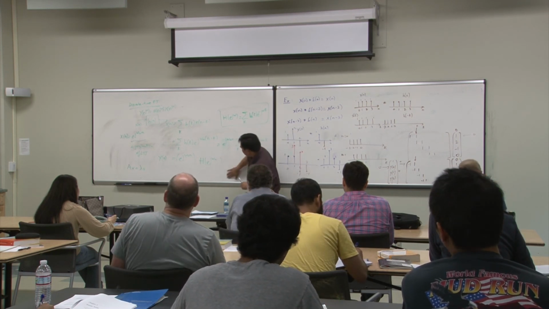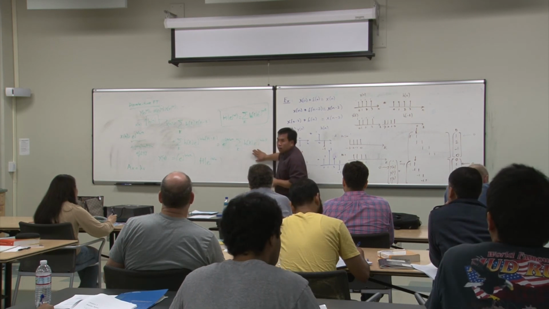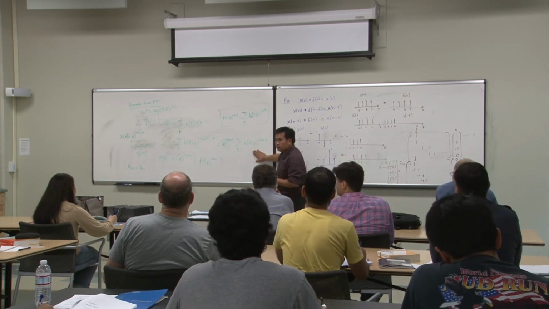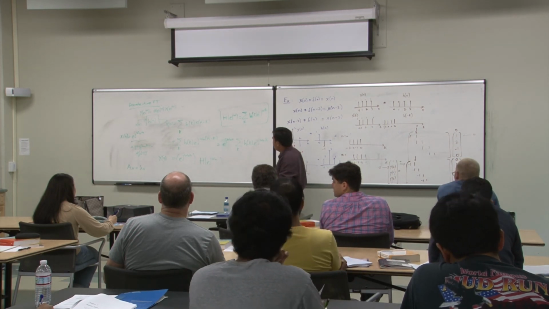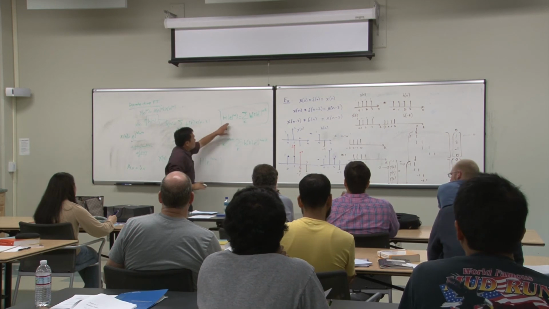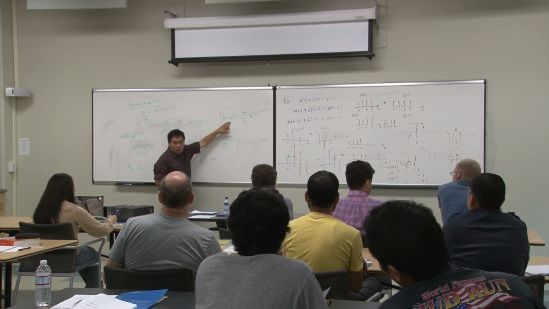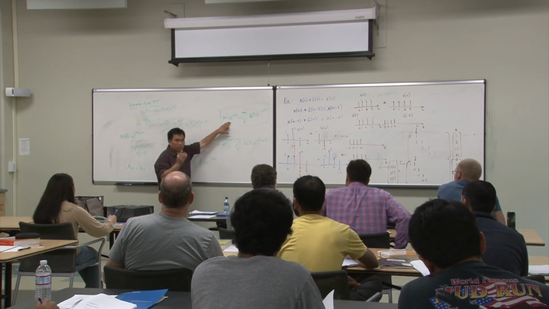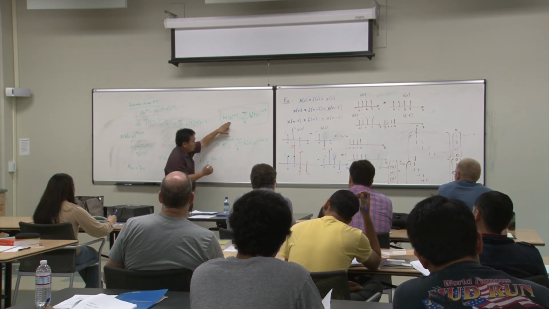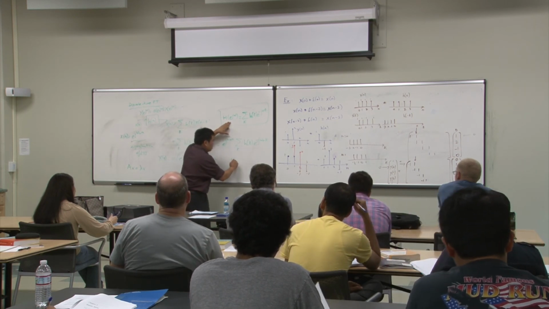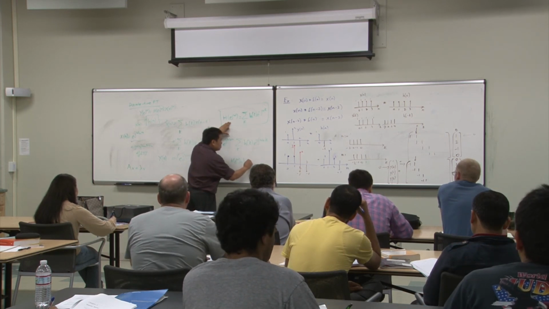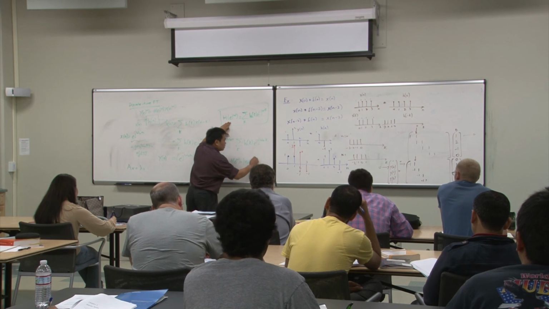So any question regarding this derivation? Good. So let's take a look at this, right? This is a complex quantity. A complex quantity can be represented in terms of magnitude and phase. Okay? So we can write h of e to the j omega as the magnitude times the phase response, right?